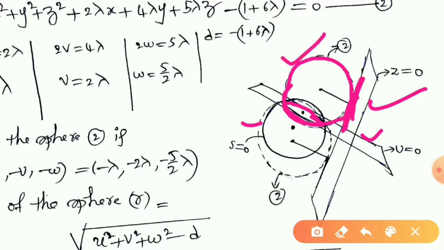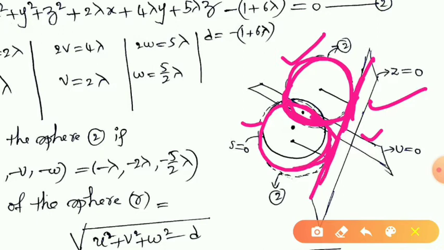Actually there are two spheres satisfying the condition given in the problem. For example, this is one sphere passing through the given circle and touching this plane, and this is also a sphere passing through the given circle touching this plane.